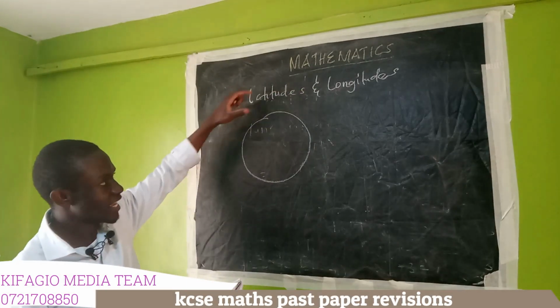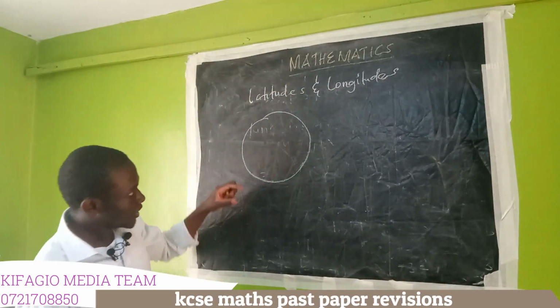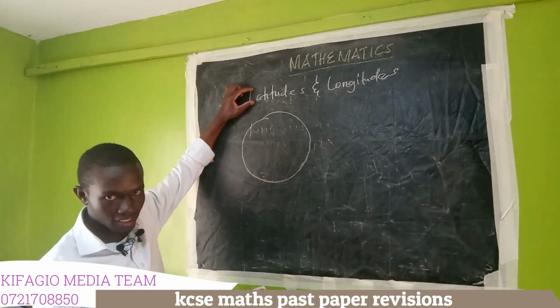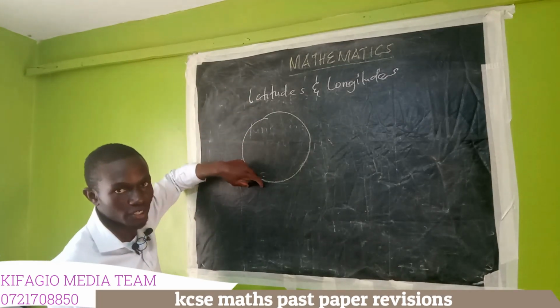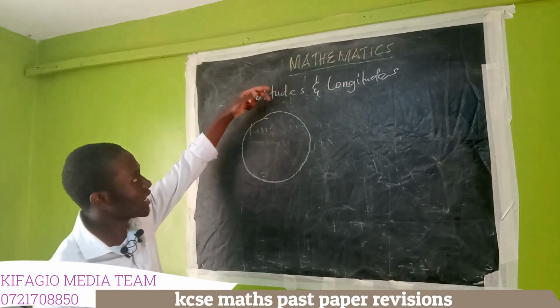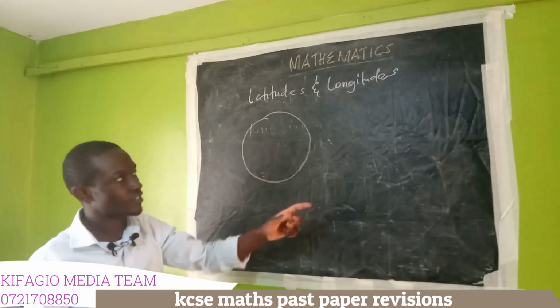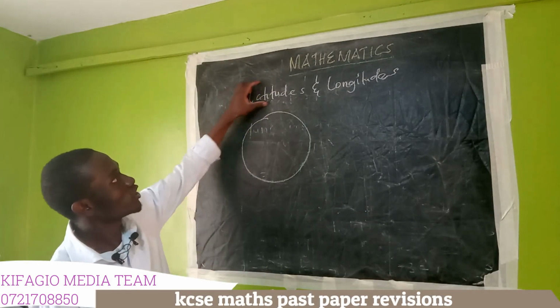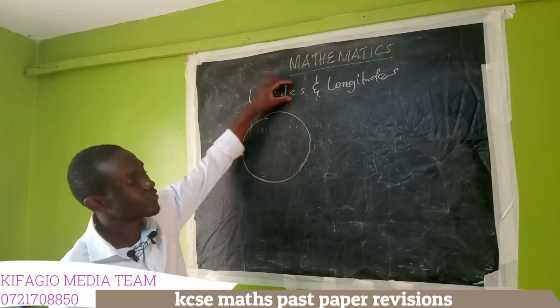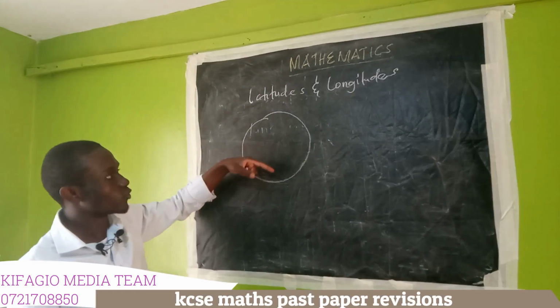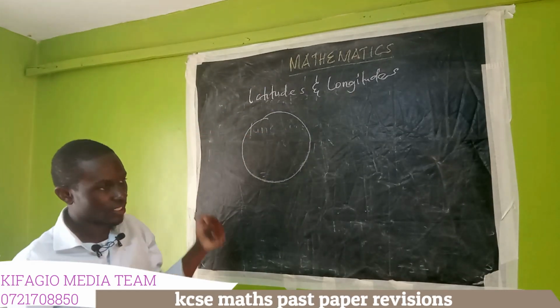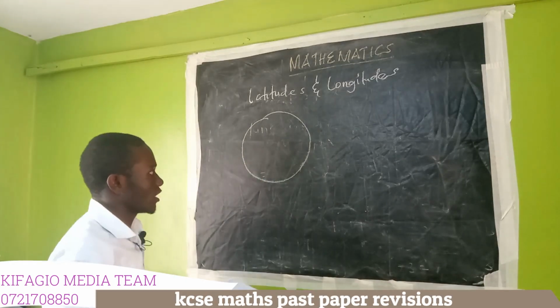Latitude is the angle north or south of the equator, and longitude is the angle either east or west of the prime meridian. And the planes of latitudes are going to be perpendicular to the plane of the equator.